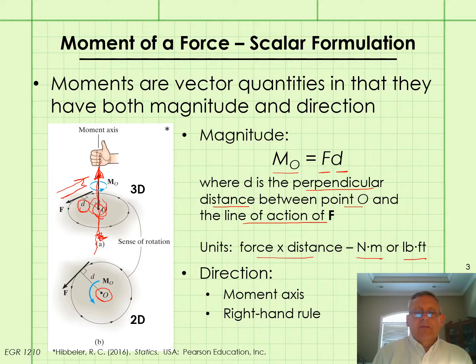It's coming directly out of the page at us, off the screen. And we would show its direction by a counterclockwise arrow. If F was acting the other way, we would show M sub O as a clockwise arrow.